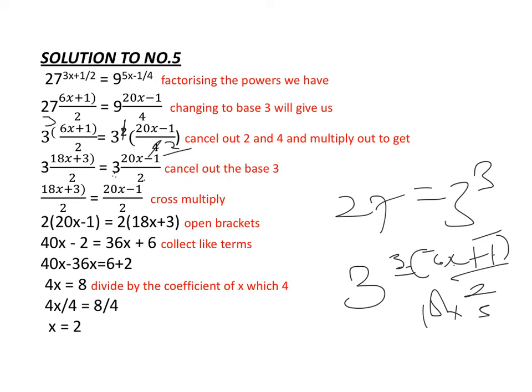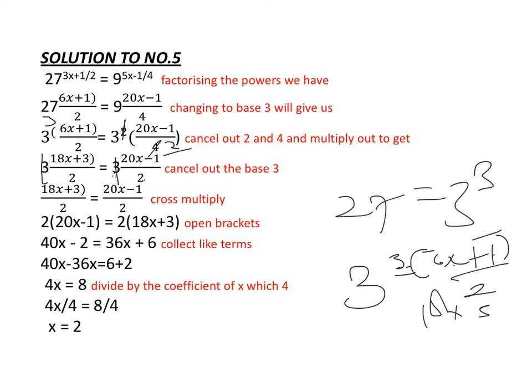Cancel out the base 3. We have 18x plus 3 over 2 equal to 20x minus 1 over 2. Cross multiply, you get 2 times 2 bracket 20x minus 1 equal to 2 bracket 18x plus 3.